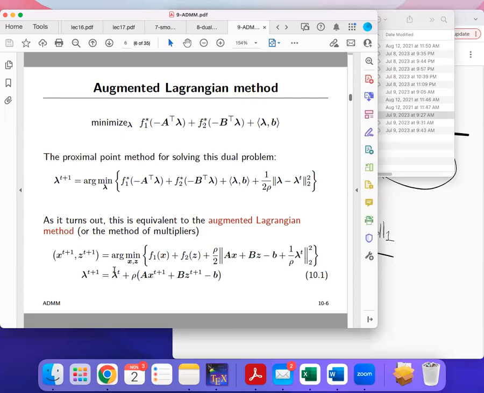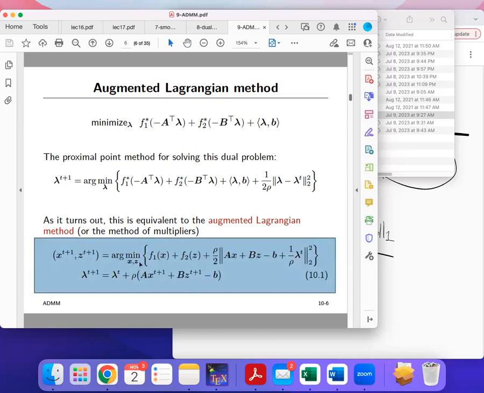But this can essentially be viewed as applying a certain optimization method to the dual problem. So there's always a very close connection between these primal dual updates and the dual formulation.